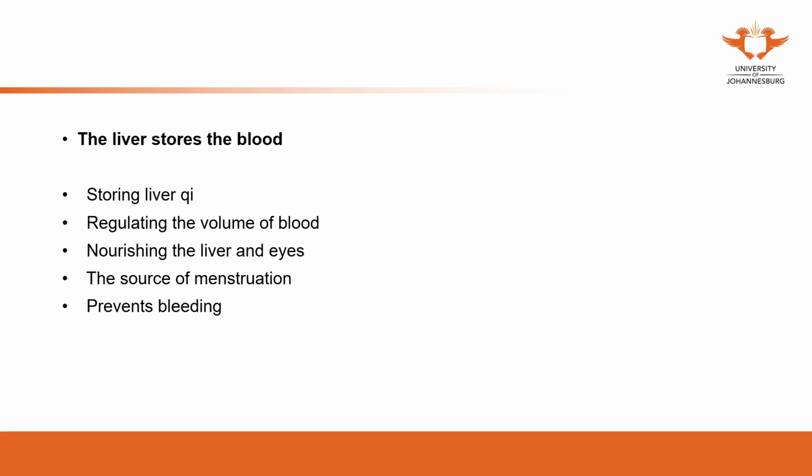The second aspect is regulating the volume of the blood. According to the 黄帝内经, the blood moves to the liver when we are lying down. From this statement, we understand that the liver and the vessels are similar to the lake and rivers in nature.